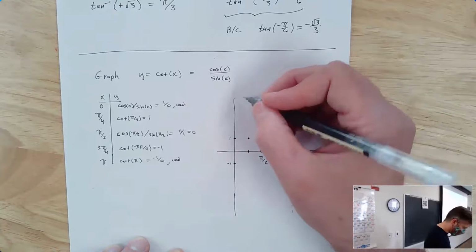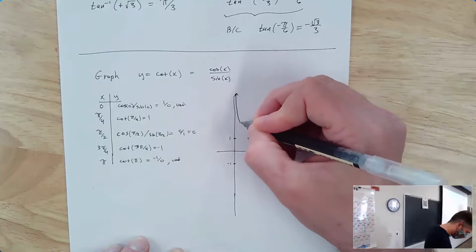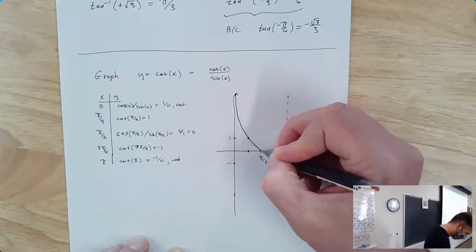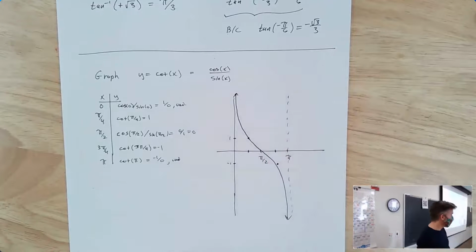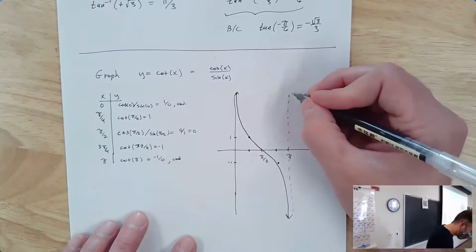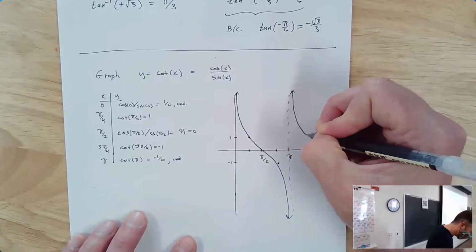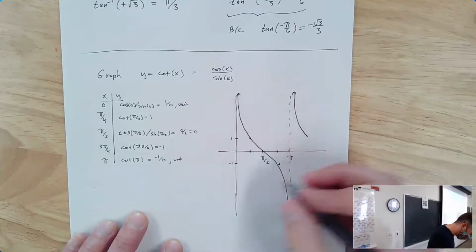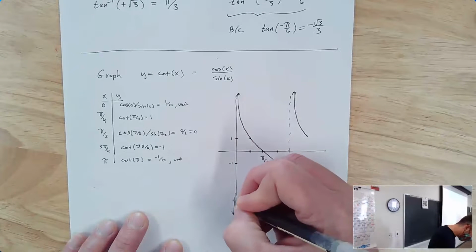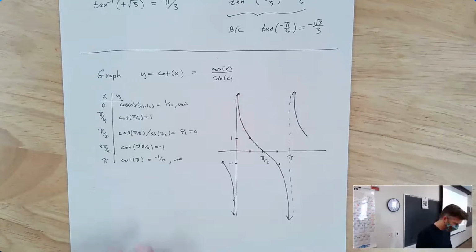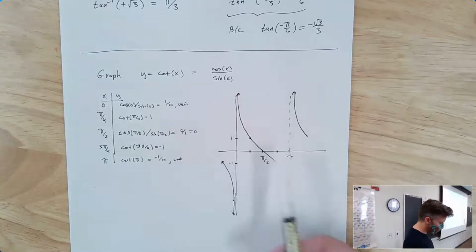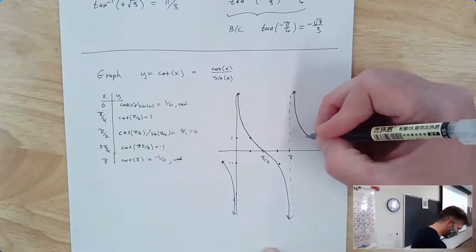This one's actually going to go down from left to right. And then it repeats. Same kind of deal down here. So there's one period plus a little more of cotangent.